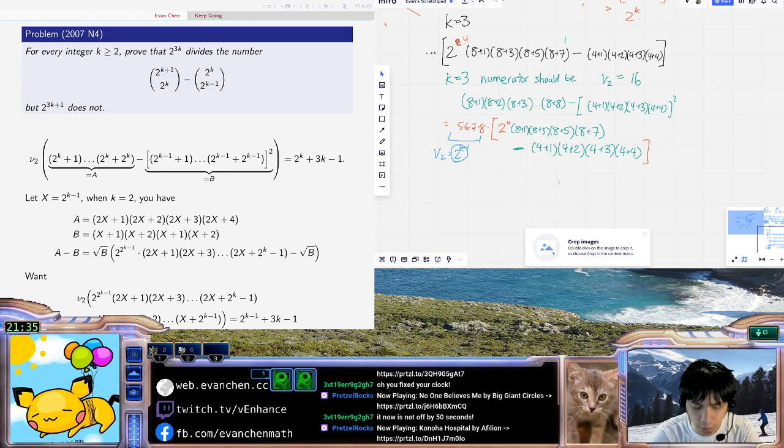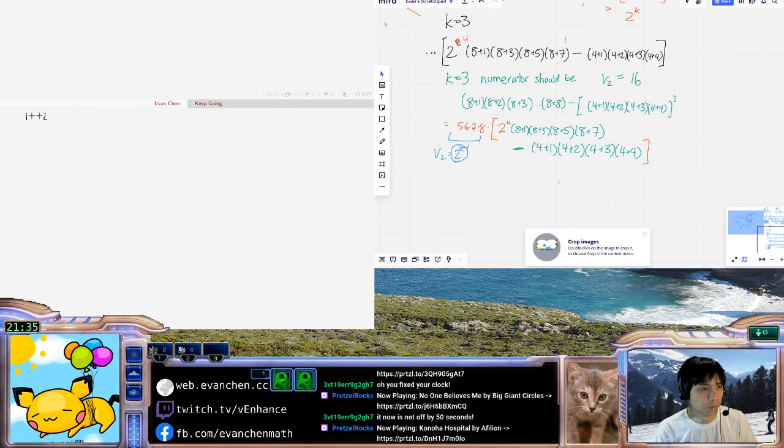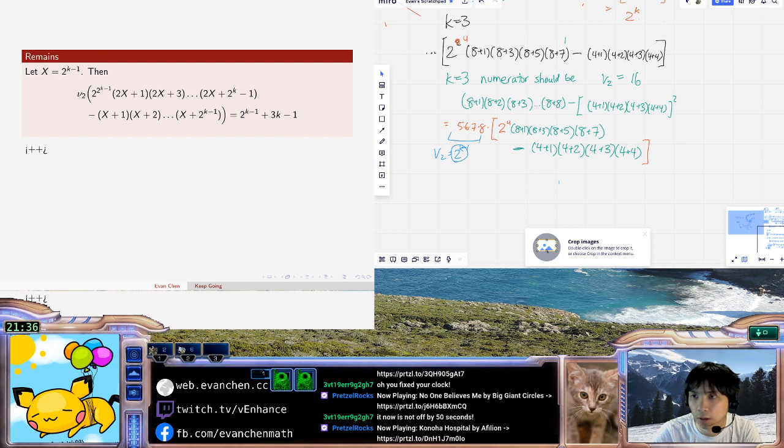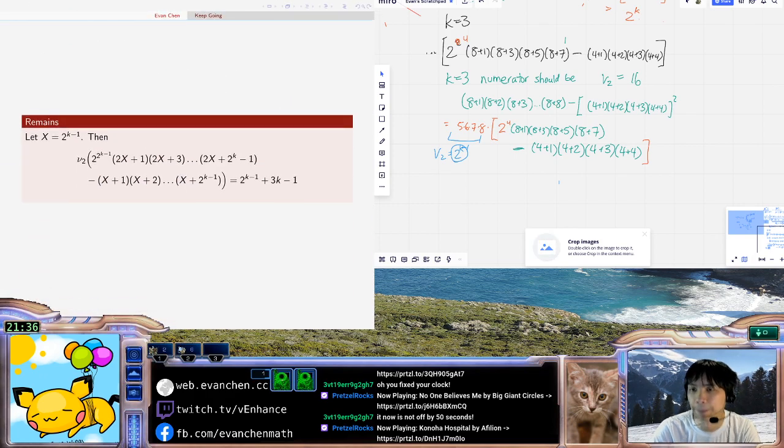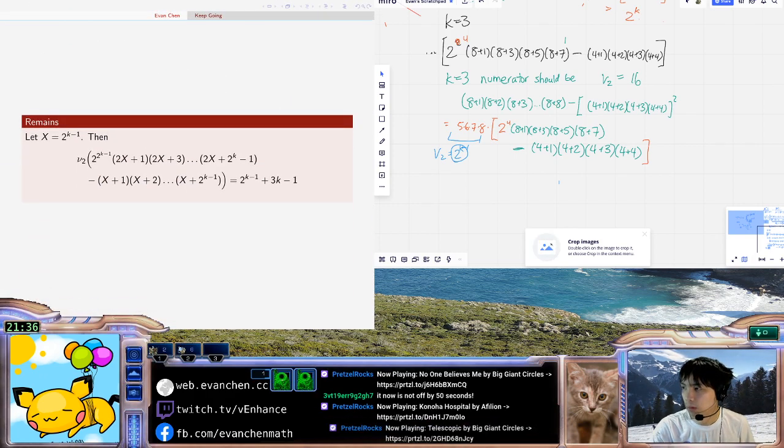So, okay. Long story short, I boiled away all the stuff with the factorials, and this is what we're left with. Remains. So here, x is 2 to the k minus 1, then yeah, I want this guy. And both of these are polynomials with 2 to the k minus 1 terms.